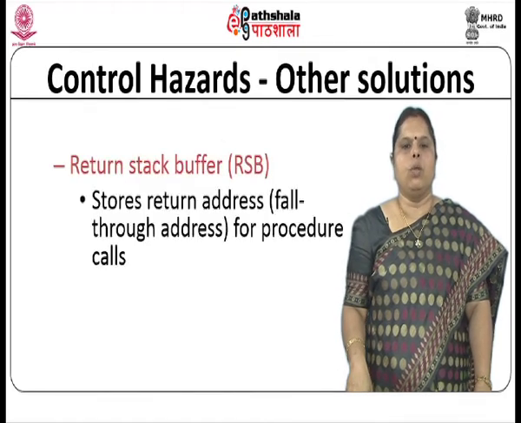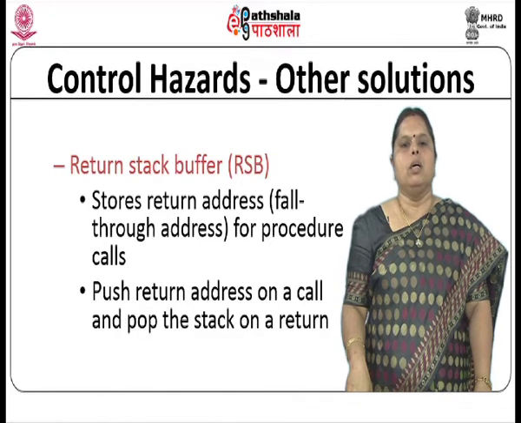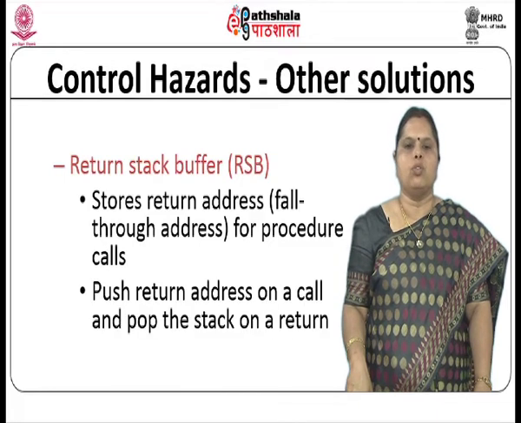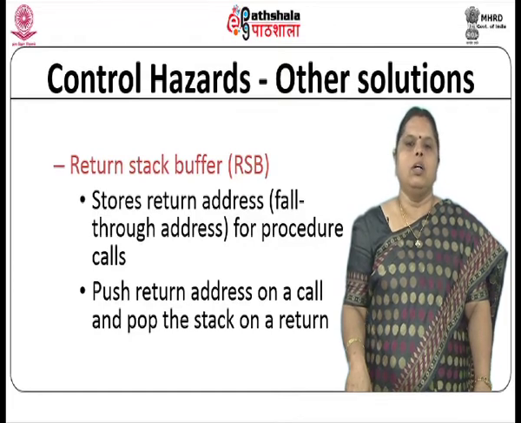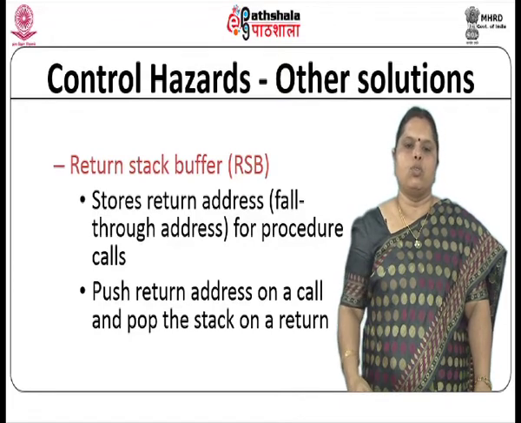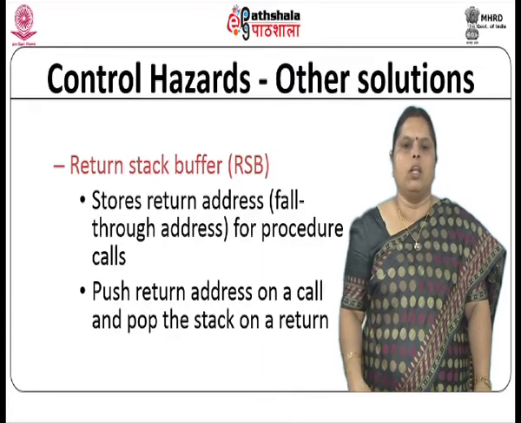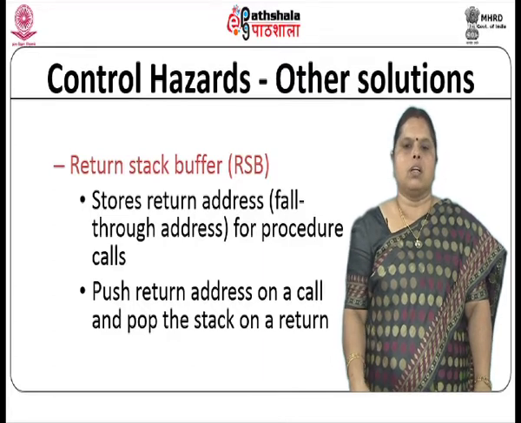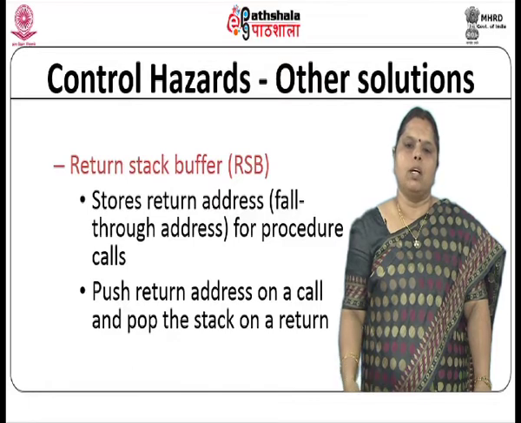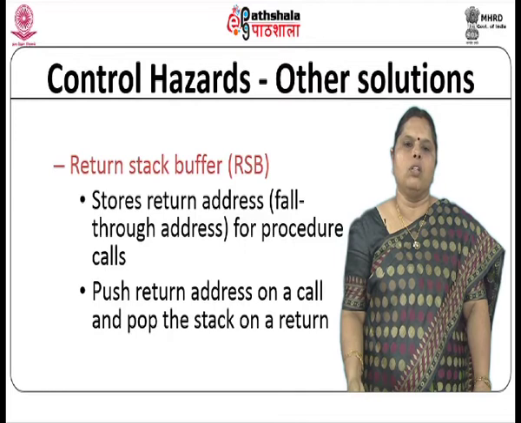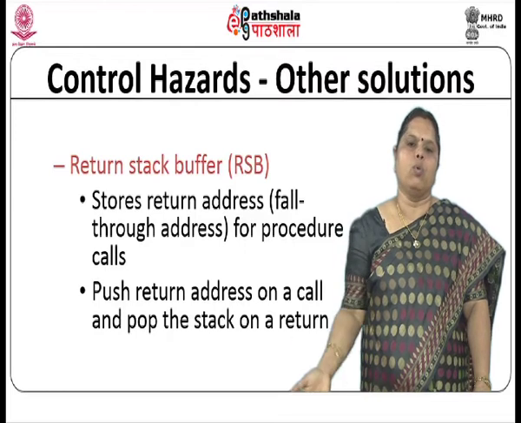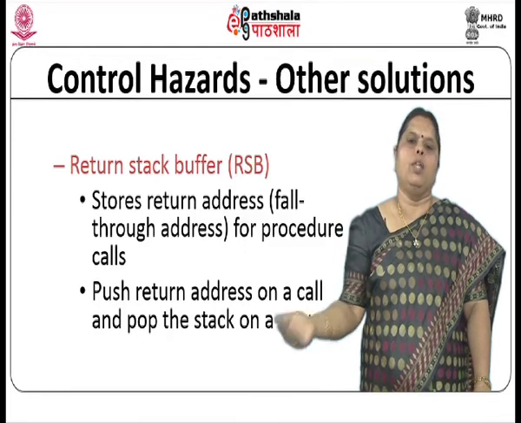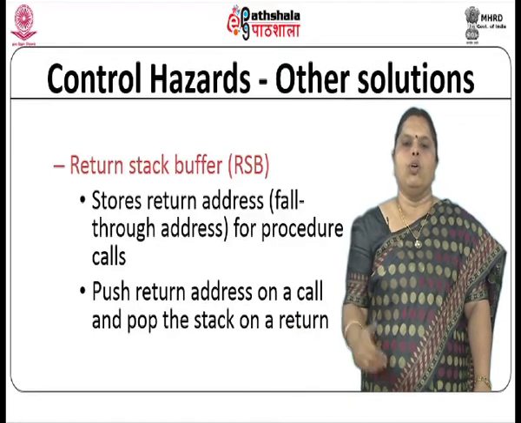First of all we look at static prediction. Before that, just to look at other solutions, you look at what is called a return stack buffer. It is not just that you will have to store your return addresses for your normal branch instructions. Many times you have a branch instruction caused by your subroutine calls. You have function calls, and because of that you have control being transferred to a different place, and you may have to return from the function call to your main program.